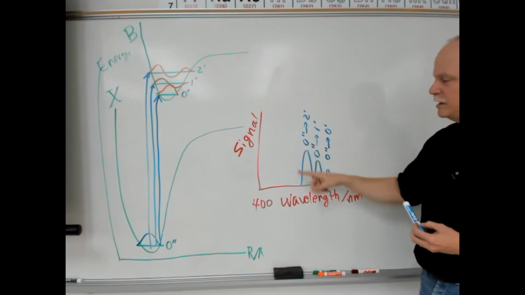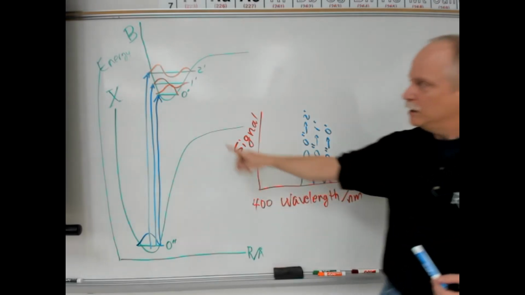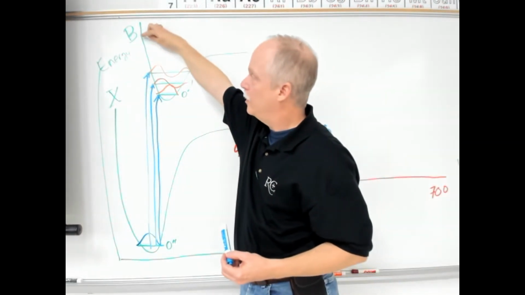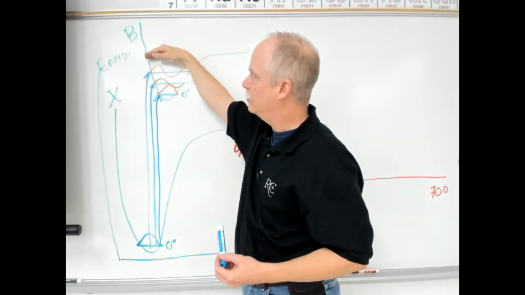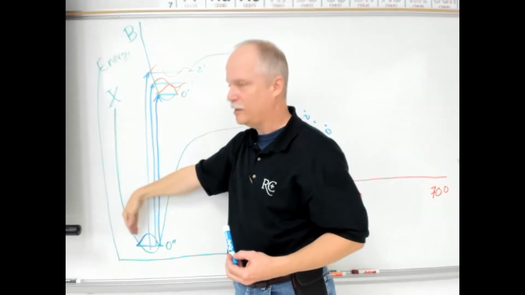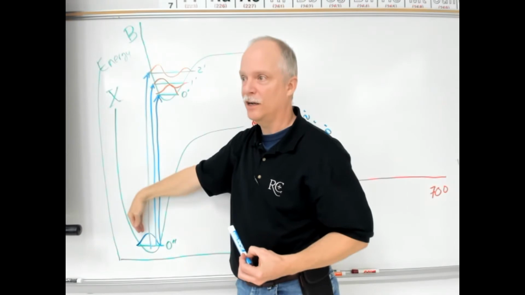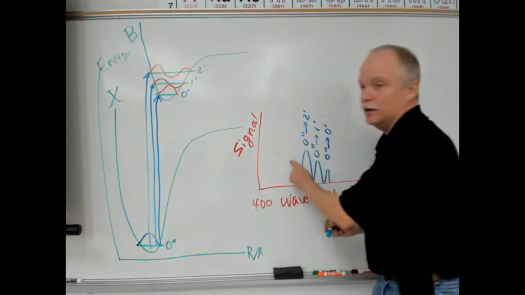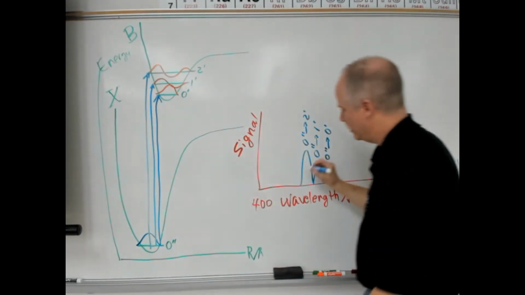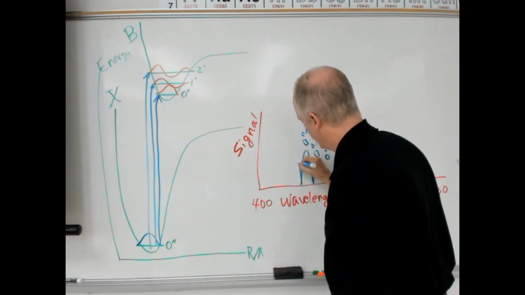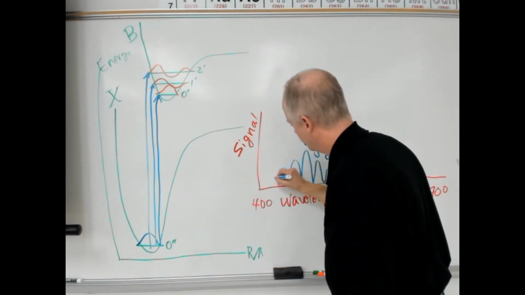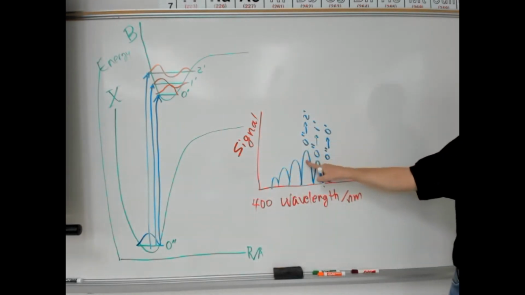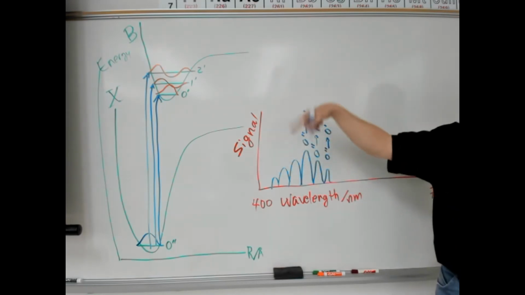Now, you might imagine that if we keep going up, eventually these vibrational wave functions would be on the other side of our ground state wave function, and the intensities would start to go down, and they do. So I'm going to go ahead and draw the others as they go down. So we would have a maximum, and that would be the maximum of that Franck-Condon factor.